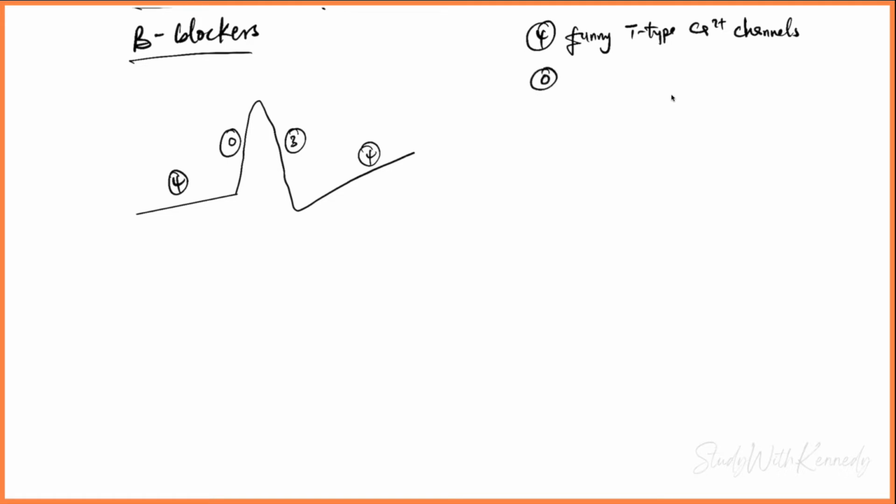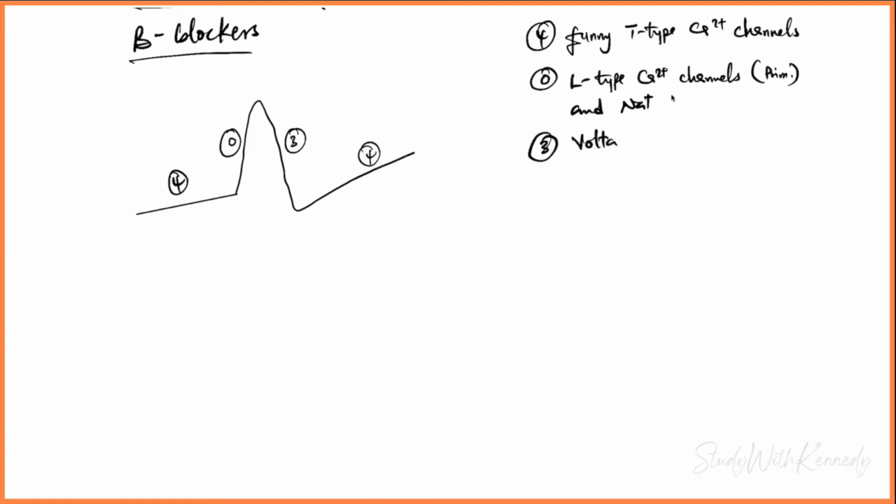Then we have phase 0 right here. Phase 0 is dependent on L-type calcium channels. That's primarily the major player here. And then we also have some sodium channels that play a role. You want to also bear that in mind. Phase 3 is the repolarizing phase. And every time we say repolarization, every time there is a dip in action potential, you always think of potassium.